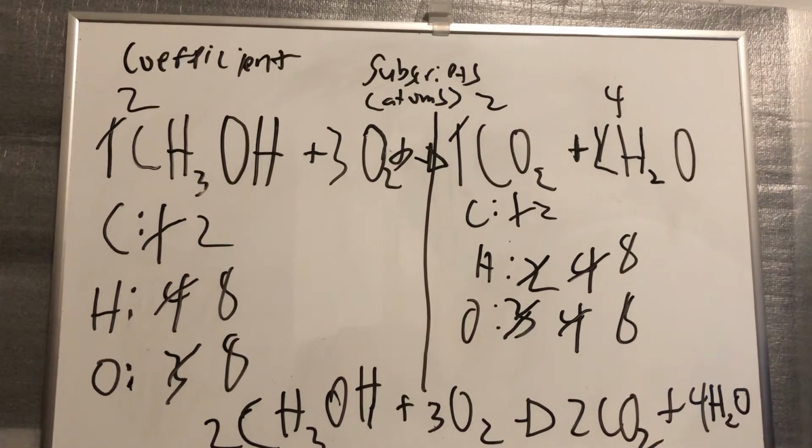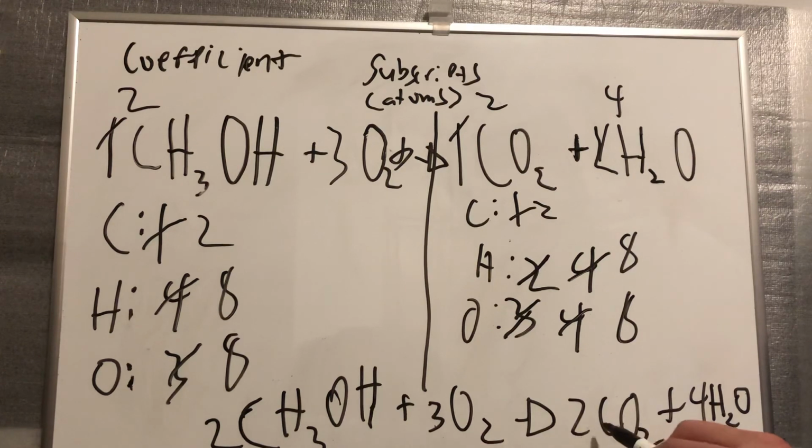We have 2 molecules of CH3OH plus 3 molecules of oxygen. Yield symbol, which is close to the equal sign in math, but not really. Then we have 2 carbon dioxide molecules plus 4 water molecules, and that's our balanced equation.